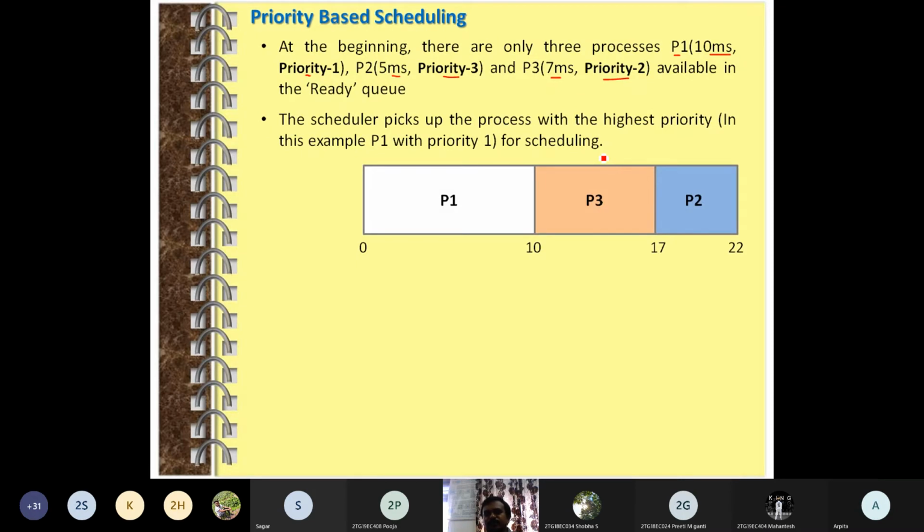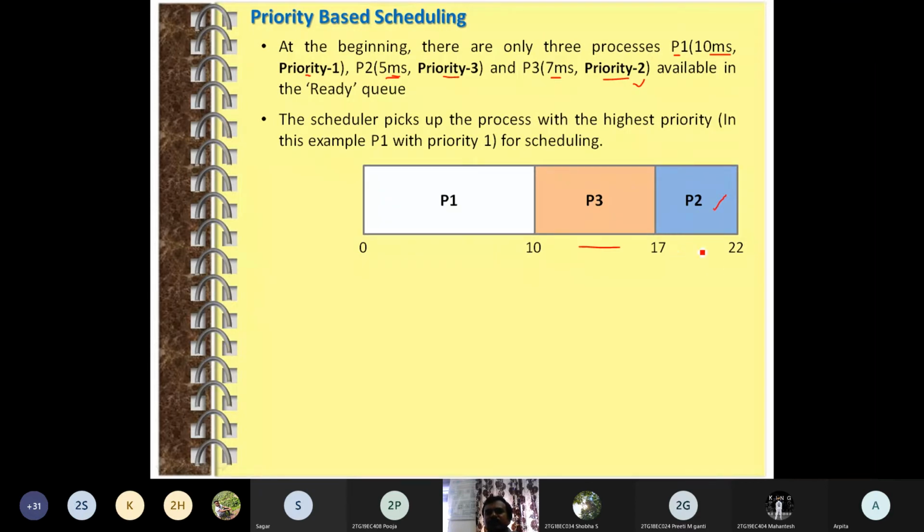Then after completion of P1, P3 is picked up because it has priority number 2, and it is executed for its complete process time of 7 milliseconds. So after 10 milliseconds, up to the 17th millisecond, P3 executes. After P3, the process with the lowest priority, P2, executes for its given execution time of 5 milliseconds.